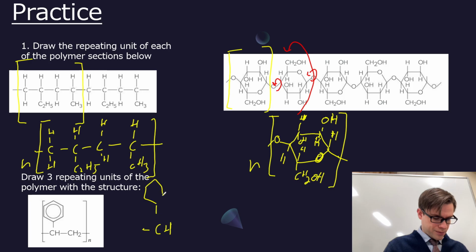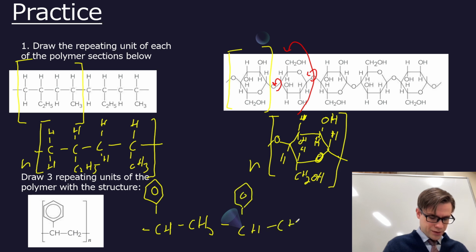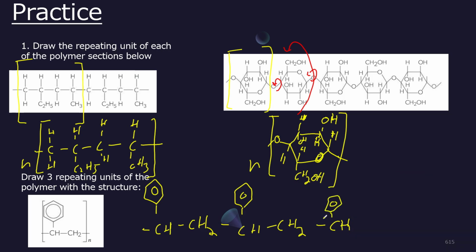Phenyl group, CH2, CH phenyl group, CH2, CH phenyl group. Should be a six-sided thing, and then CH2. And then that will extend to show that it continues, square brackets. So that's 3 repeating units of this polymer.